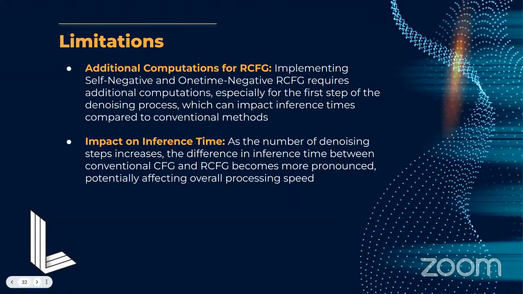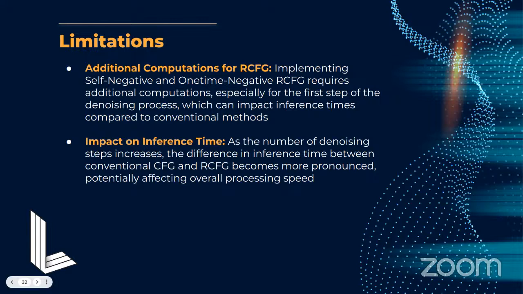We were looking at them to make sure that the images were finer and looked real. We had some additional steps for self-negative and one-time negative. So RCFG comes with additional computation, that is, it involves self-negative and one-time negative, but with CFG, we had no self-negative and one-time negative.